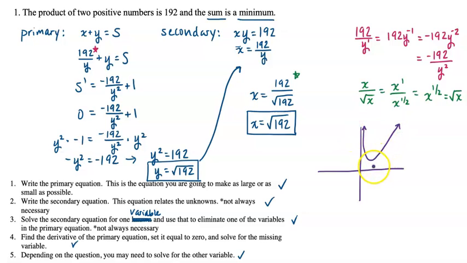And how do I minimize this? Well, I know that at the lowest point of this graph, which is right here, this function has a tangent line with a slope of 0. I know at the minimum, f prime of x is equal to 0, and that's why we found the derivative and set the derivative equal to 0, to find the minimum.